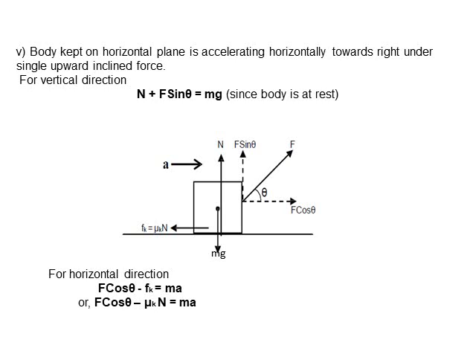So N plus F sin theta will balance the weight mg, and for horizontal direction, the net force is towards the positive x-axis. So F cos theta minus Fk will be equal to ma. Or you can say that F cos theta minus mu k into N will be equal to ma.